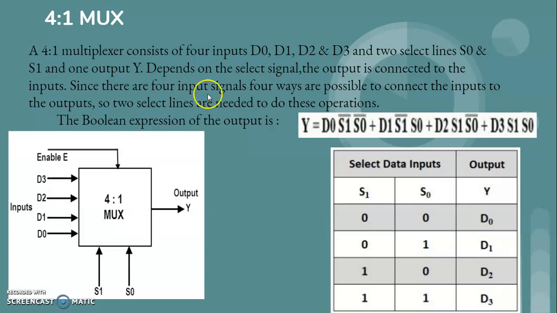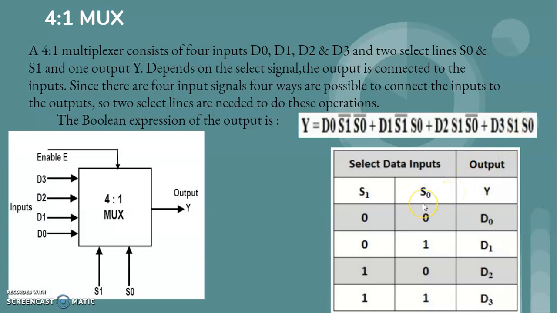Since there are four input signals, four ways are possible to connect the inputs to the outputs. So two select lines are needed to do this operation. Output expression for 4:1 mux is D0 S1 bar S0 bar plus D1 S1 bar S0 plus D2 S1 S0 bar plus D3 S1 S0.